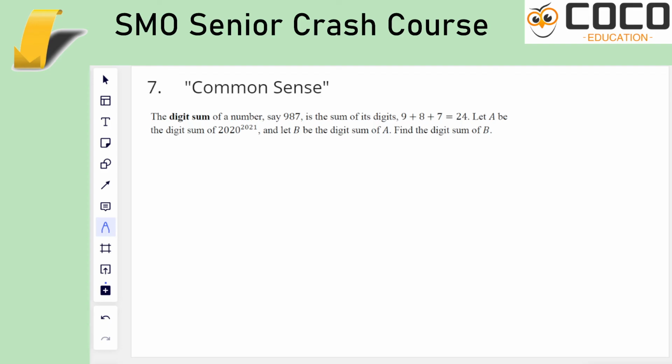Digit sum, I believe you know that this is your divisibility test for 9. So when you take a digit sum, let's say 9, 8, 7, and 24, 24 divided by 9 has remainder 6, meaning that the remainder when 987 is divided by 9 is also 6.